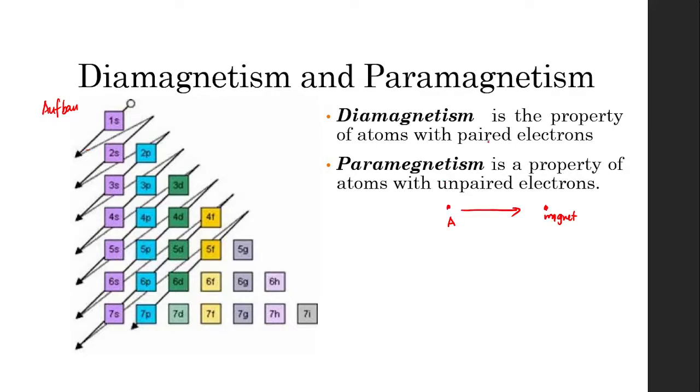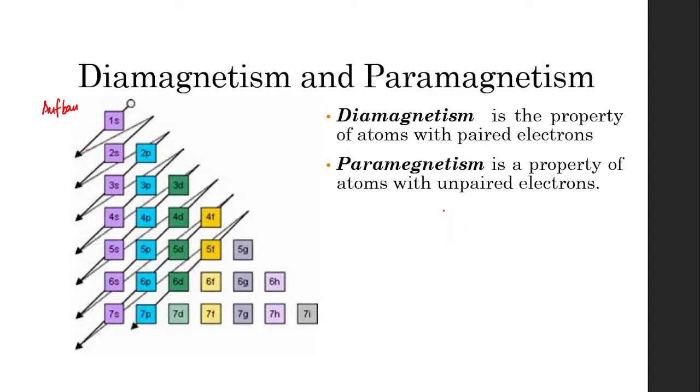Just remember this: if all the electrons on each of the orbitals are paired, then that atom is diamagnetic. If the atom has an unpaired electron, then it is paramagnetic, or it is being attracted to the magnet.